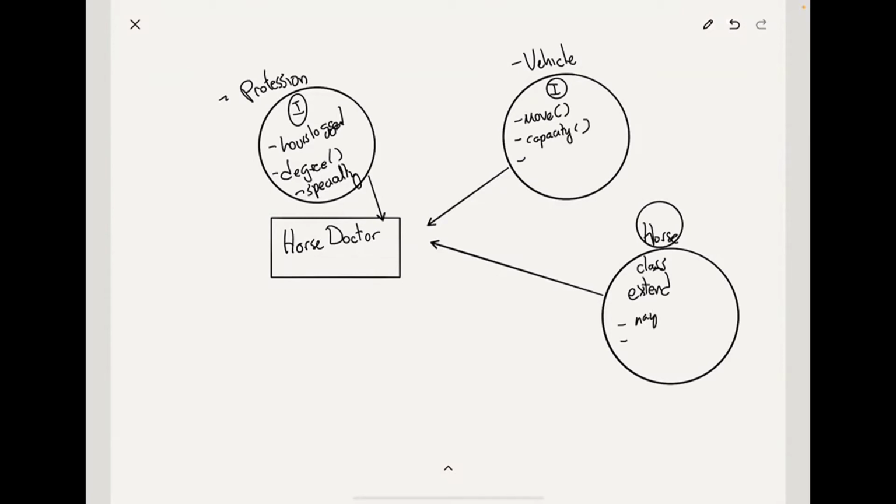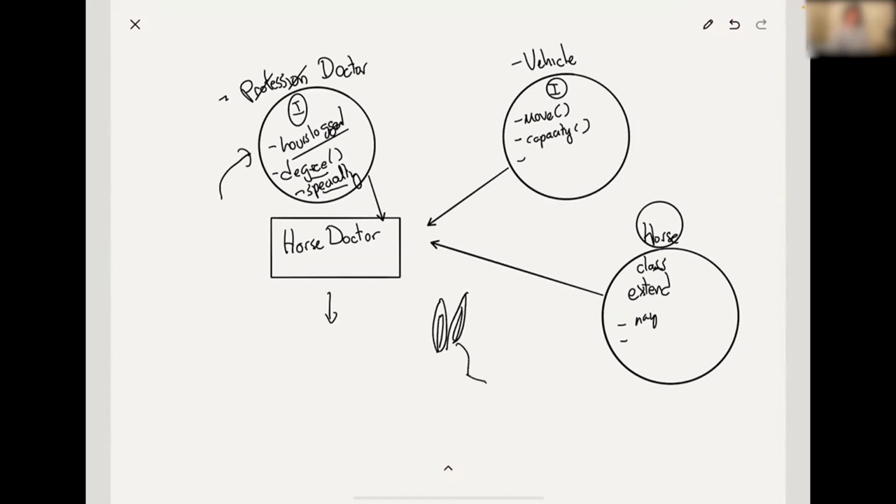So we have all the ingredients for making something really ridiculous and essentially have some sort of multiple inheritance. Now, if the implementation of the doctor has a specialty, a degree, and an hours log, would that horse be a doctor? Yes, exactly.